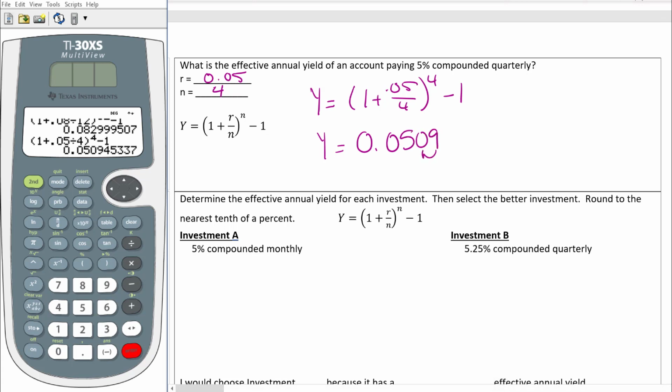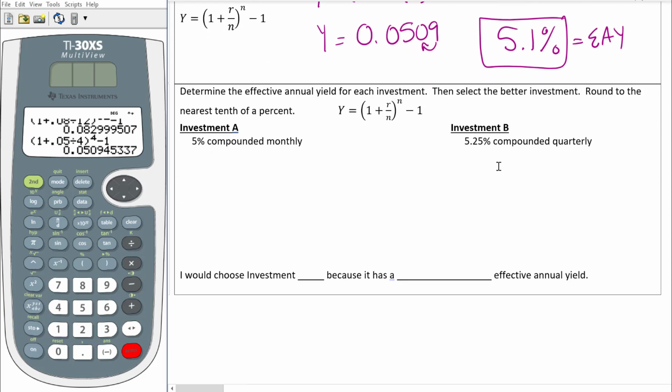So the 9 takes that up 1, so 5.1% is going to be my effective annual yield. I'm just being a little lazy and I don't want to write all that out. So even though the situation calls for 5% compounded quarterly, 5.1 is going to be the effective annual yearly rate if you were just going to use simple interest.